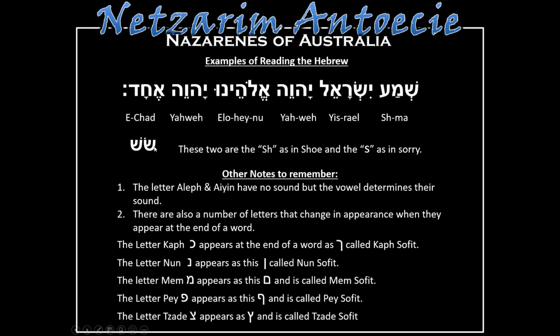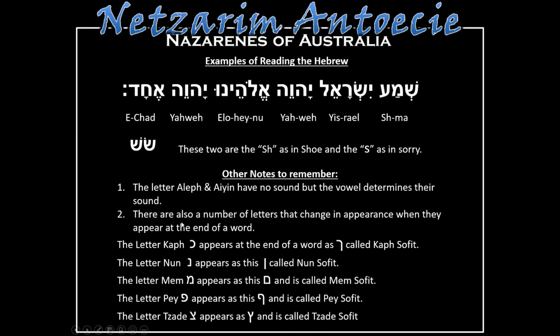This one is the S. So these are other notes to remember. The letter Aleph and Ayin, as I said before, have no sound, but the vowel determines their sound.